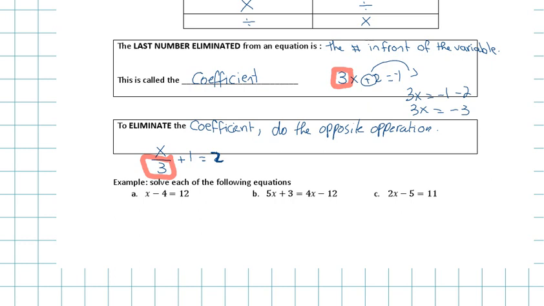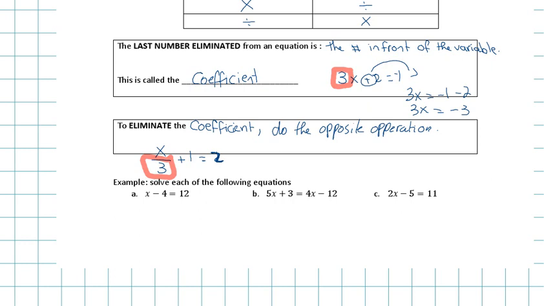Now, this is when we have to get rid of the coefficient. Okay? I have no other term, nothing else except the coefficient and the variable. So bring the 3 over. I have to bring it as a... What's happening between the 3 and the x? Multiplication.